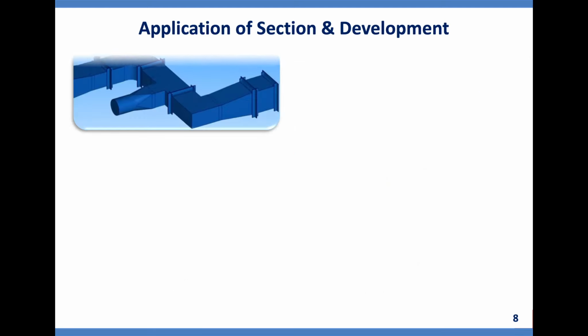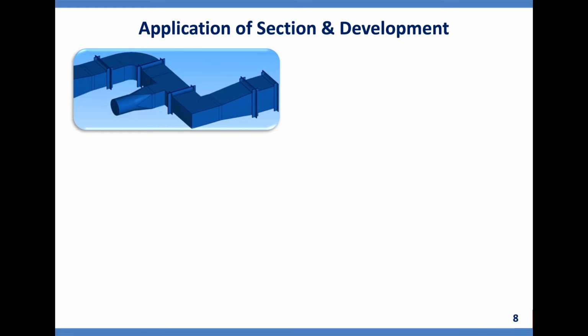Application of section and development. One of the best examples is the air conditioned duct which you might have seen in malls and industries. This constitutes many parts: rectangular prism, square prism, frustum of square pyramid, cylinder, truncated, many are there.